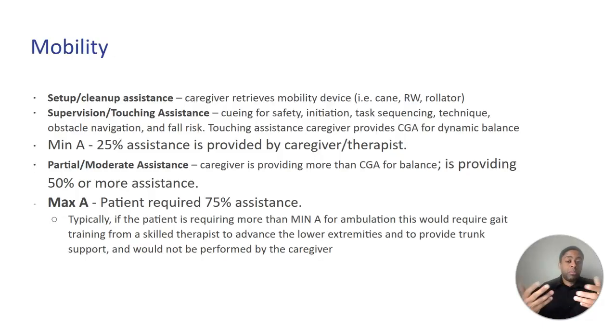This is how we communicate the level of assistance that the person needs to the multidisciplinary team, to our social workers, to our nursing team, the nursing tech team, who rely on that information to make decisions on how to mobilize the person, and family members as well. And so it's important that we are accurate in our assessment of a person's level of assistance for the very different things that we talked about just now.